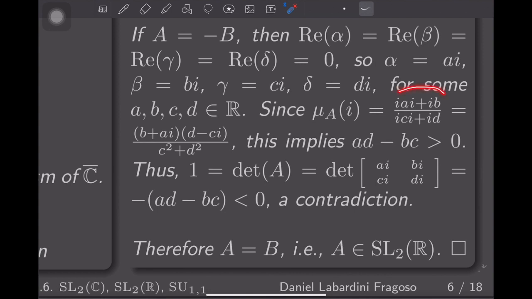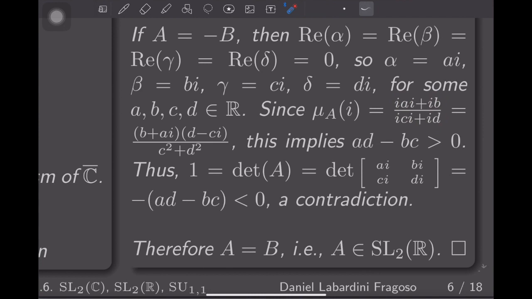Okay, so I plug in i and I just perform the computation. Here this is minus c, and then this is minus c plus id, and then I divide. So I plug in i, where this is alpha, this is alpha, this is beta, this is gamma, this is delta.